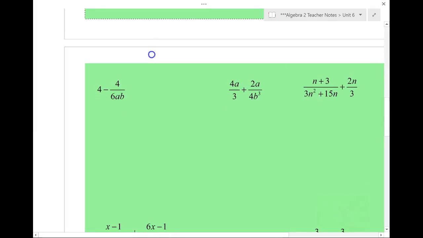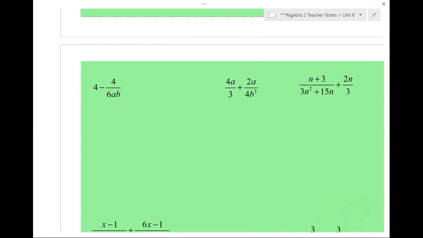Now in this problem, I didn't write in the steps, but in order to add and subtract a fraction with a whole number, that whole number needs to become a fraction. So I write 4 over 1. And then we need to make the denominators the same. So what I'll do is I'll multiply the one on the left by 6ab.